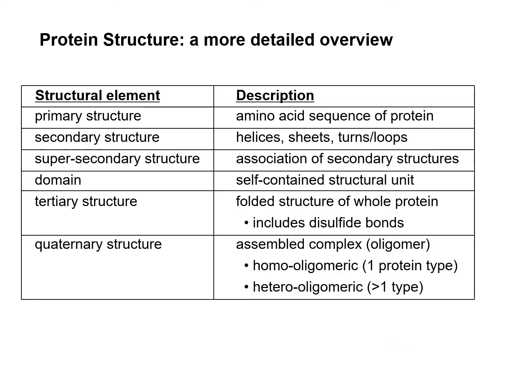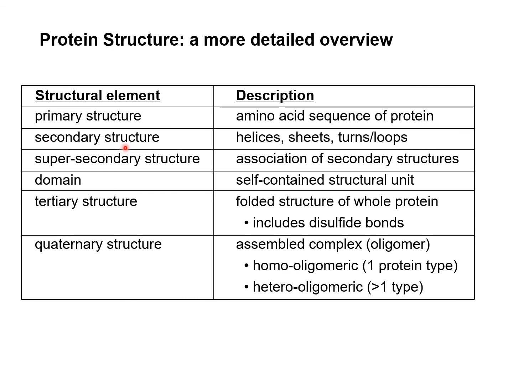Here's another summary of the protein structure with a more detailed overview in the table. There are mainly 4 different types of protein structures, and this table particularly includes 2 more, which are super secondary structure as well as domain. First, take a look at the primary structure, which is basically the amino acid sequence of the protein that forms the polypeptide.